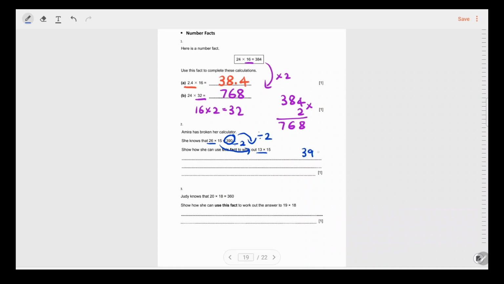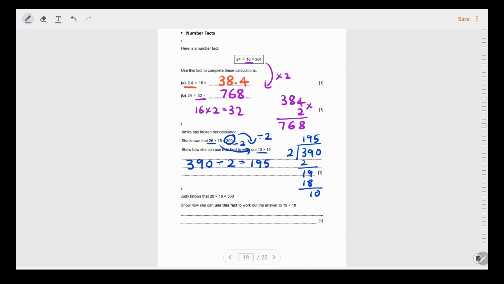So 390 divided by 2 would be 195. So we would say 390 divided by 2 is equal to 195.